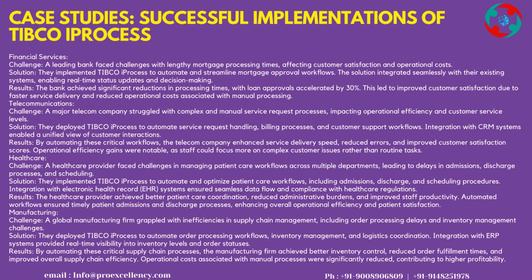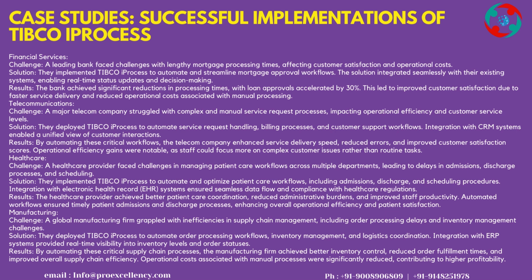Manufacturing. Challenge. A global manufacturing firm grappled with inefficiencies in supply chain management, including order processing delays and inventory management challenges. Solution: they deployed TIBCO iProcess to automate order processing workflows, inventory management, and logistics coordination.